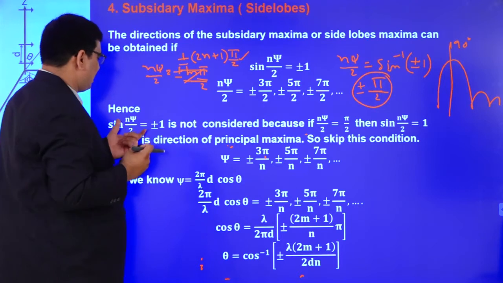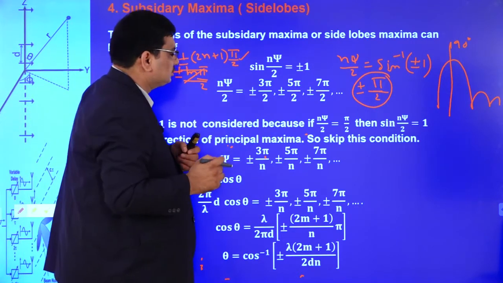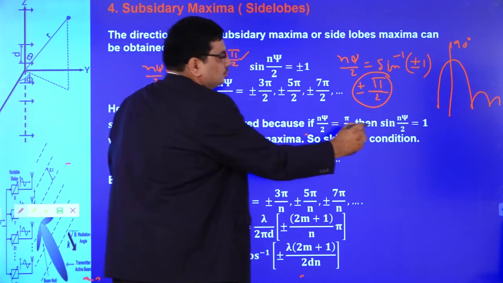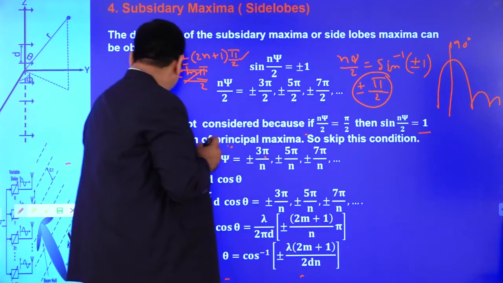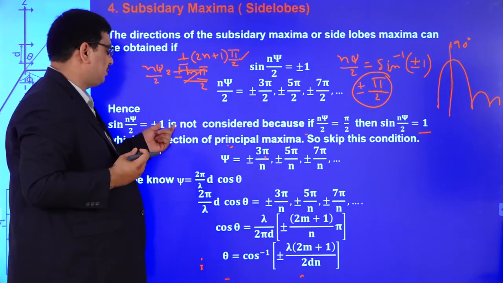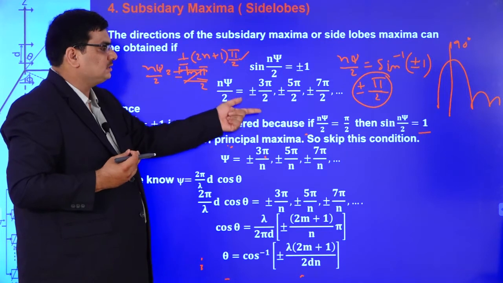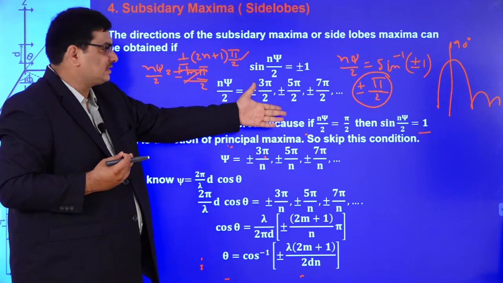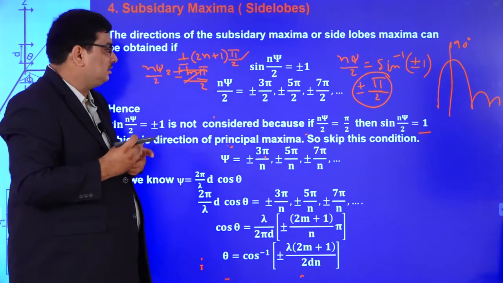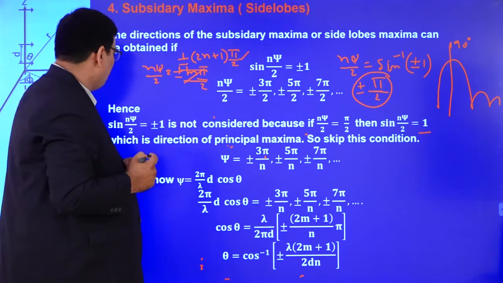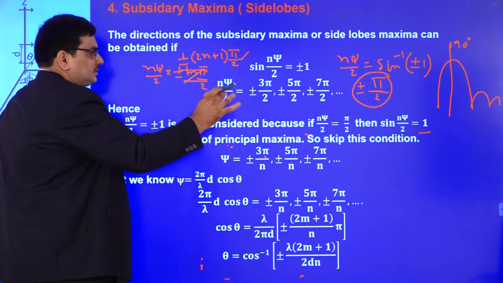So we are not considering this case, because if nψ/2 equals π/2, then sin(nψ/2) equals 1. So that's why we skip that condition.